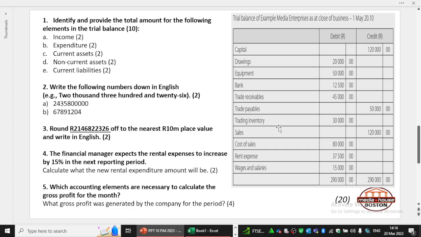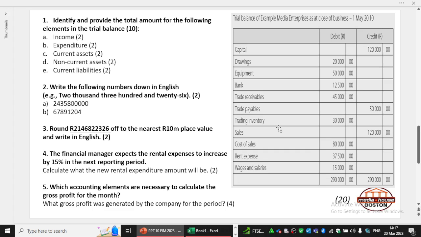And your debit side represents all your expenses, your assets, and your drawings. So meaning that, at the end, your debit and credit on your trial balance should always balance. So if we were to identify all of these total balances for each and every one that is here, it will be much easier for you to identify them before you even start doing the calculation.